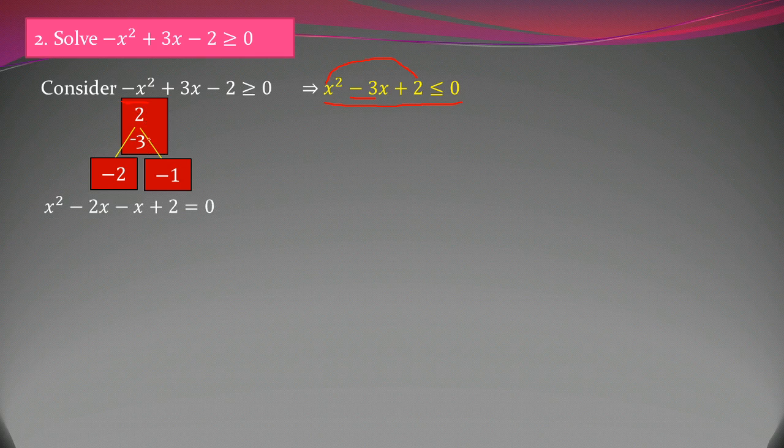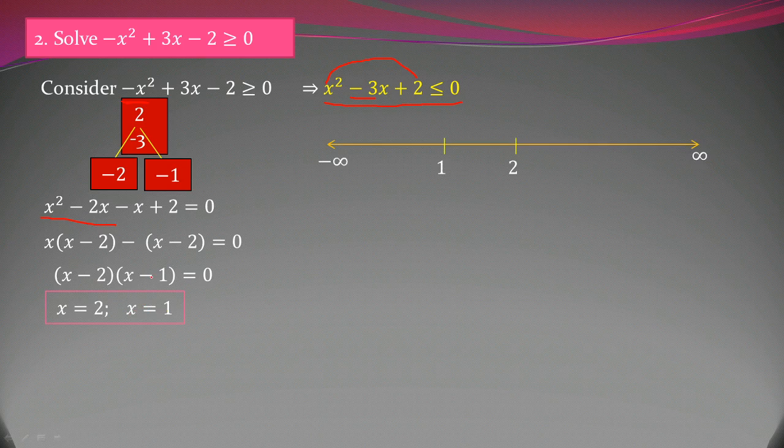The given equation can be written as x square minus 2x minus x plus 2 equal to 0. You take x outside, so x into x minus 2, and you take minus outside, so x minus 2. So it is x minus 2 into x minus 1 equal to 0. So x is equal to 2 comma 1. So you got the x value.